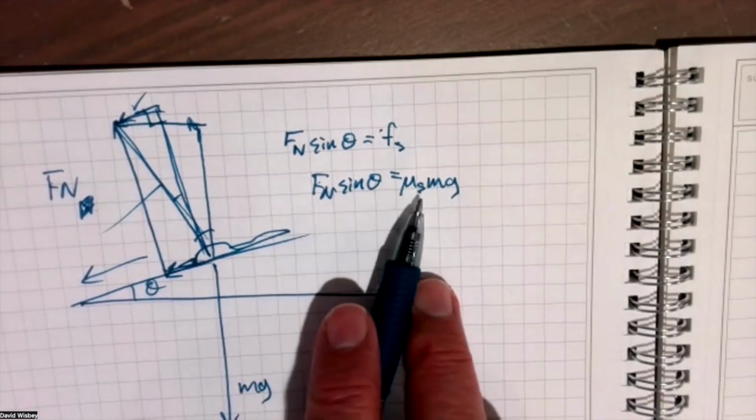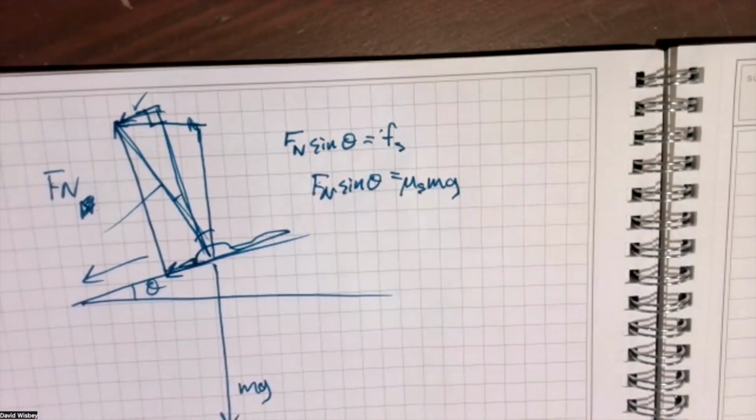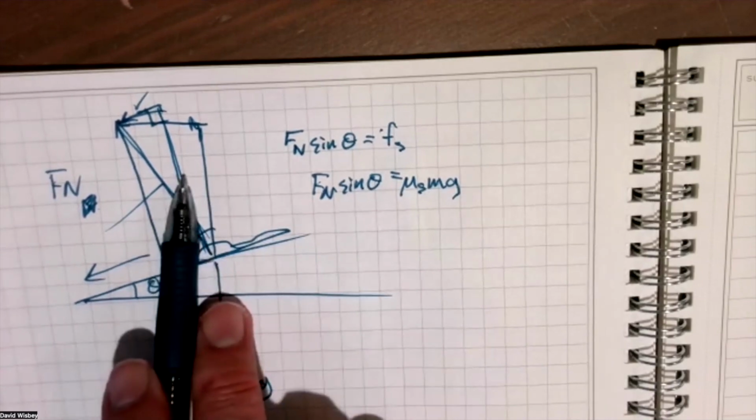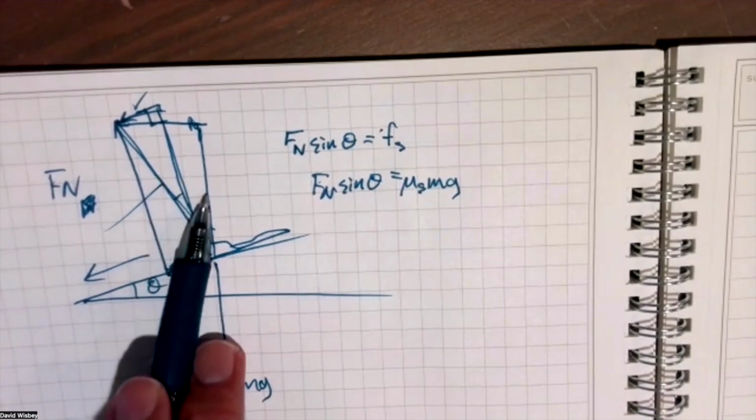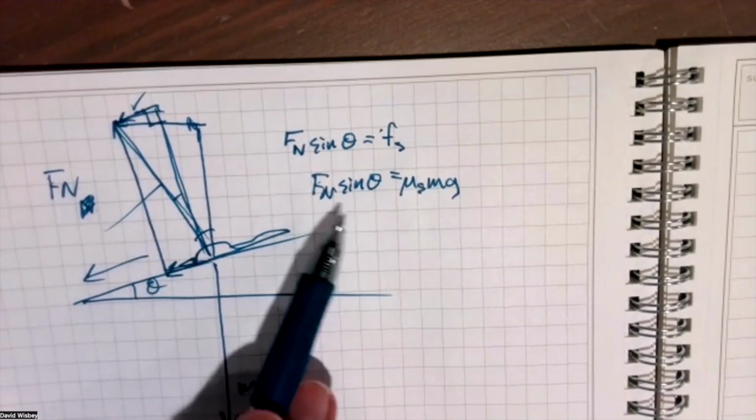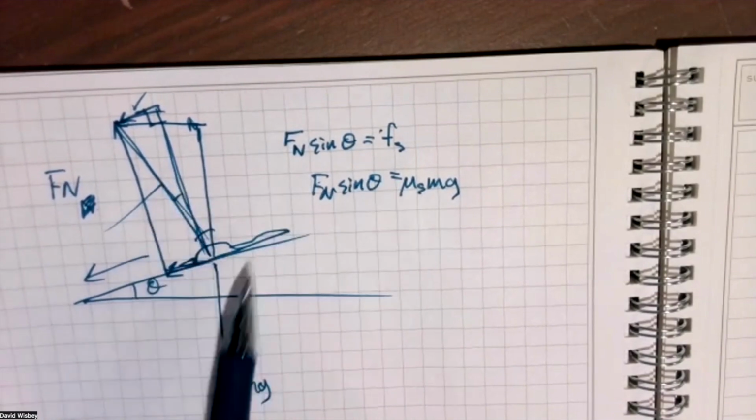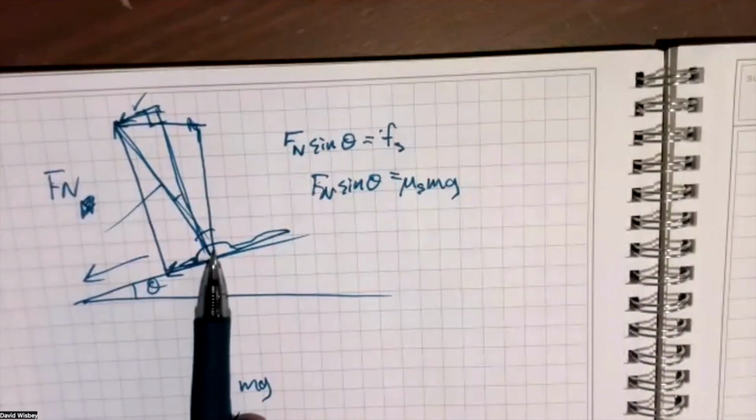So, what was the problem asking for? What is the smallest angle from the horizontal that will cause the egg to slide across the bottom of the coated skillet? Now here I don't know what F of n is, but I know what this part of my triangle is.